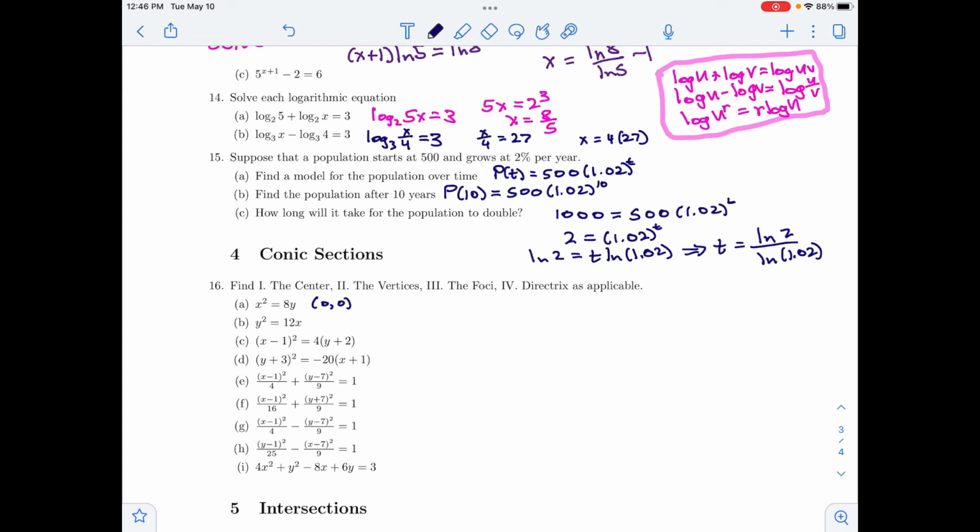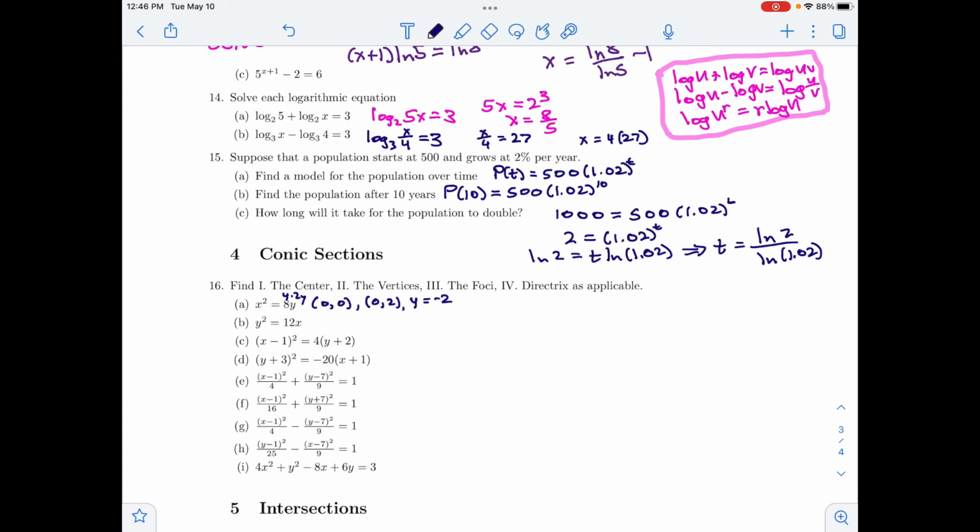To get to the focus, we go up 2 units, because remember, this is 4 times 2y. To get to the directrix, we go down 2 units. Now, I realize I'm going through this very fast, but this is just meant to refresh your memory.